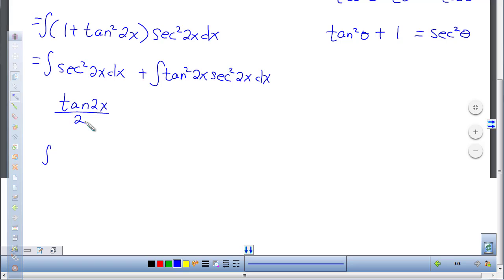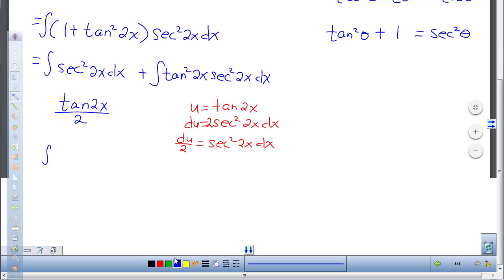All right, but then over here, we've got the integral of tangent squared 2x. I might let u equal tangent 2x. Then du is secant squared 2x dx times 2. So du over 2 equals secant squared 2x dx.